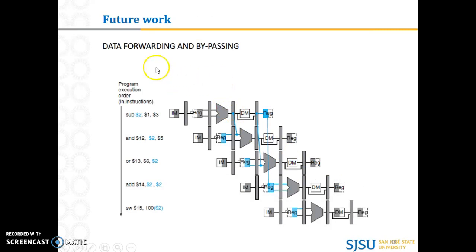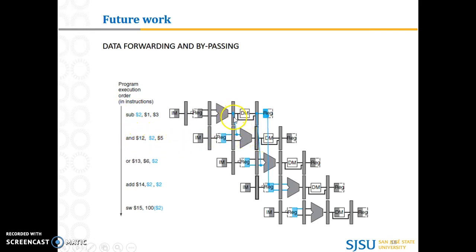For this work, we can improve the design by implementing data forwarding as well as bypassing. Data forwarding is for when there is a dependency. You have a register dependency here, so this has to be written back in register 2, and in the next stage it is being utilized to calculate and put the result in register 12.